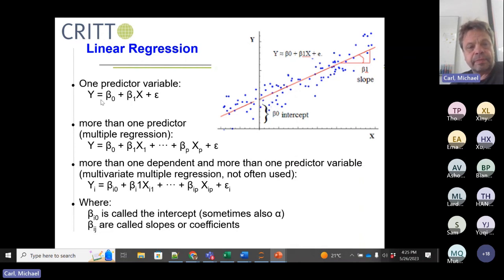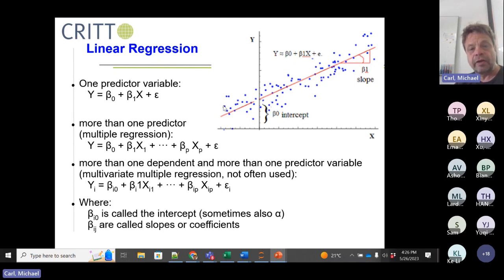It's called the intercept, and then we have a slope which would be this beta 1 part. If we have more variables, we can have more. We would have for each of the variables a beta here that would scale these variables, and then we have one term left over. This is this epsilon.